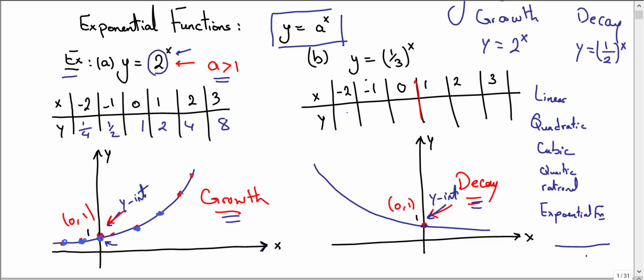For the decay, same thing. (1/3) to the x. We agreed decay is when you have the base less than 1, a fraction less than 1. So substitute. This one will be 9, 3, 1, 1/3, 1/9, 1/27.